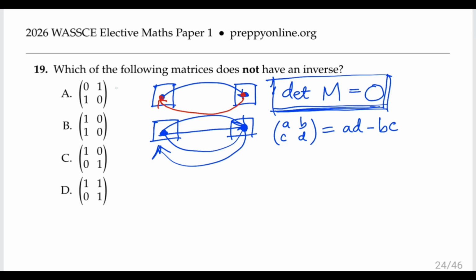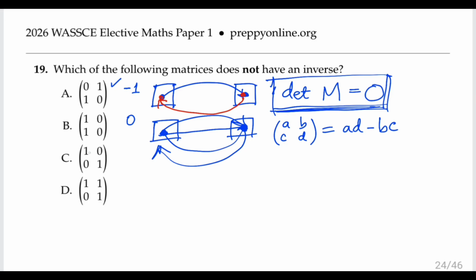So let's find the determinant of this matrix. It's going to be 0 times 0, which is 0, minus 1 times 1, which is 1. So the determinant is minus 1 here. Here is 1 times 0, 0. 1 times 0, 0. So here the determinant is 0. So we've already found our answer.